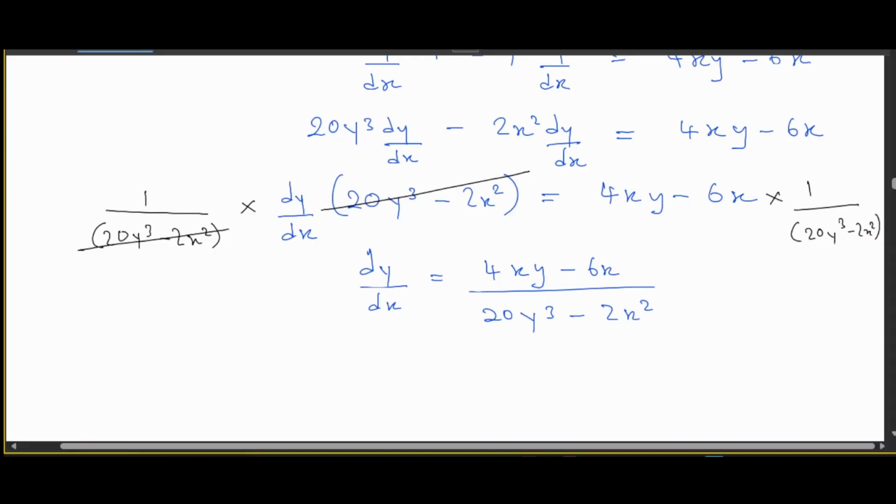Zvaoneka. In situations like this, don't think of it in terms of dividing, but think of it in terms of multiplying with the reciprocal. Because mukada kudivide memakusa division sign panapa, ipo paina dy dx, it becomes confusing. But if you multiply by 1 over, it makes sense.